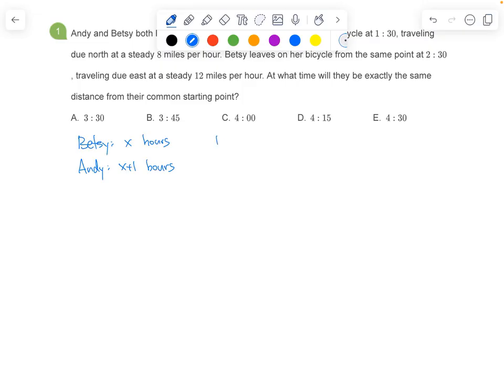And then the distance traveled by Betsy would be 12x, while that of Andy would be 8(x plus 1). And we see that these two are equal. Solving this equation, I can see that x is just 2. So after 2 hours from 2:30, we have the answer as E.